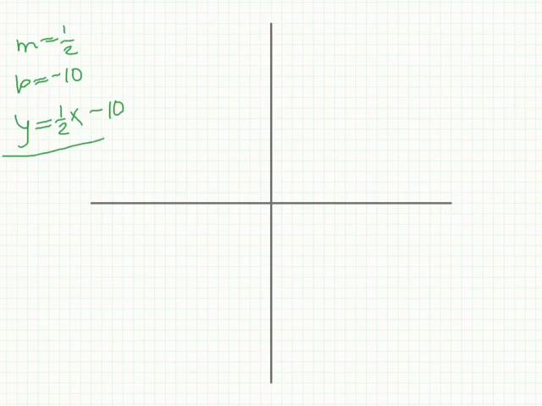So our m equals 1/2, b equals -10, so y equals m, which is 1/2, x plus b. So instead of plus b or plus 10, I'm going to do -10 since b is negative. I've substituted my values in order to get this equation.